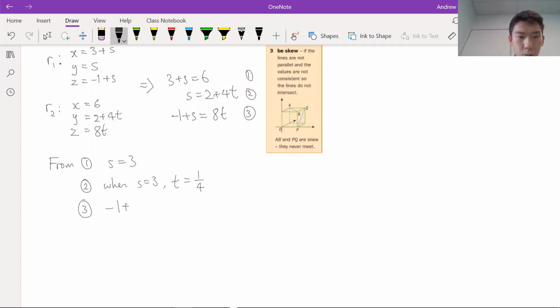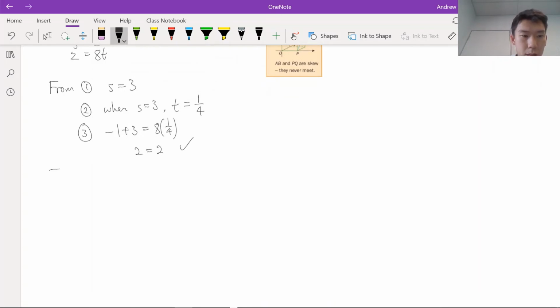We're trying to see if negative 1 plus 3 equals 8 times a quarter. 2 equals 2, alright, so that means the variables are consistent, they work for all three equations.